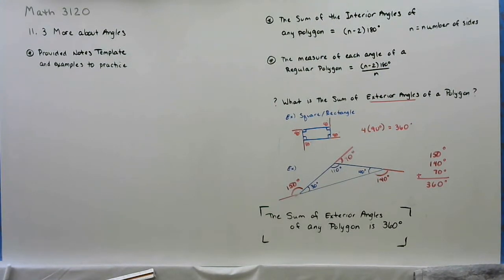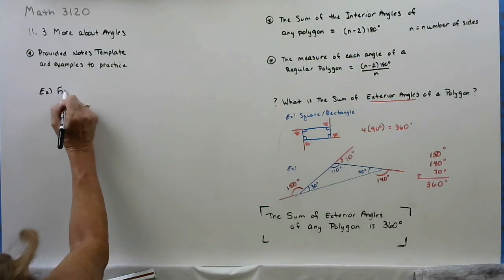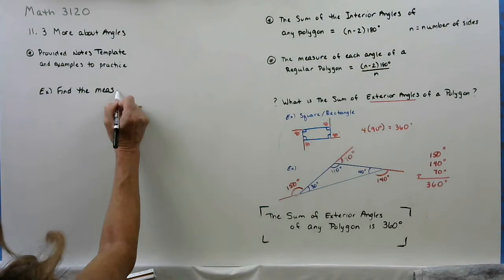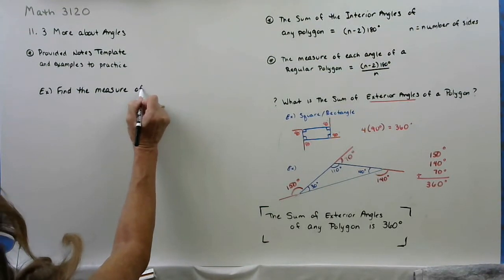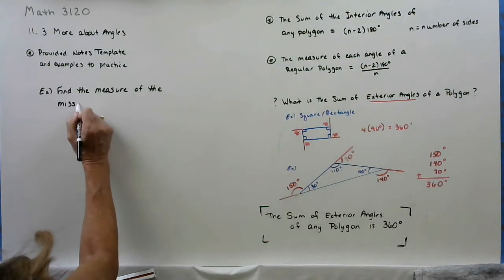So I'm going to sketch, and I want to find the measure of the missing angle.